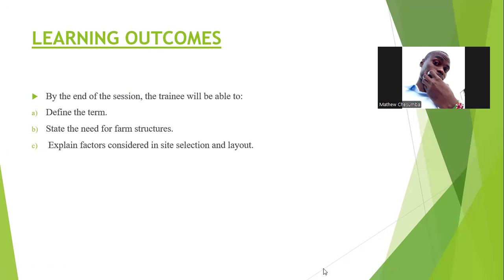By the end of this session, you as a trainee will be able to define the term structure, state the need for farm structures, and explain the factors in site selection and layout.